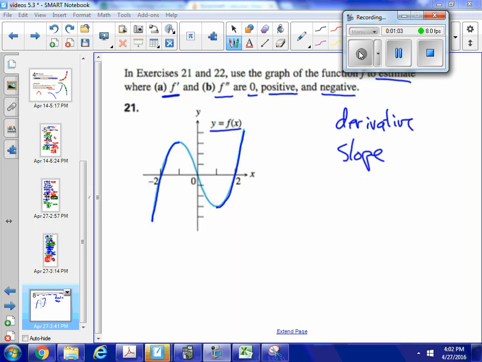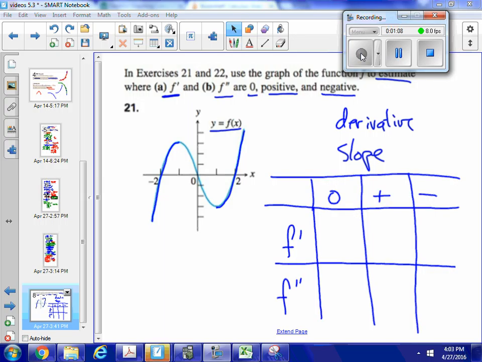I made myself a little chart, and so I've just determined that f prime is positive from negative infinity all the way to negative 1, and from positive 1 to infinity.